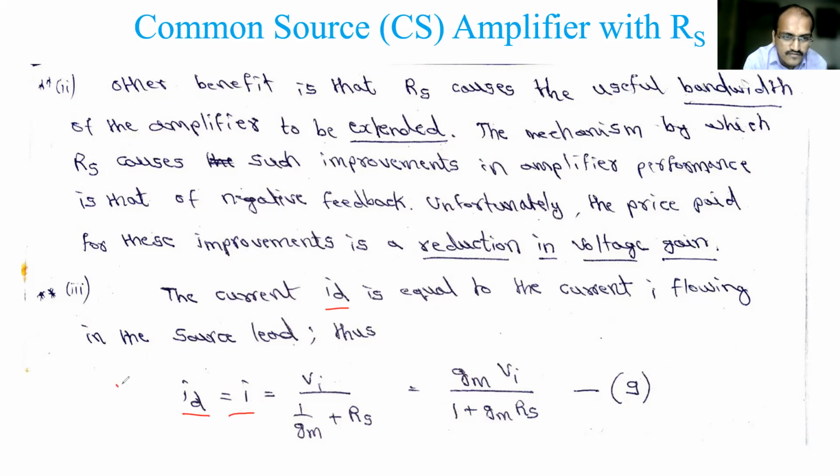ID is given as VGS by the resistance you have, 1 by GM, so that 1 by GM part will cancel out and will not come in the numerator. So VI by (1 by GM plus RS). If you take the LCM, the denominator becomes 1 plus GM RS divided by GM, so that GM I have included in the numerator. So this is the equation for the drain current, which is equal to current I shown in the circuit: GM VI by (1 plus GM RS) is your drain current.